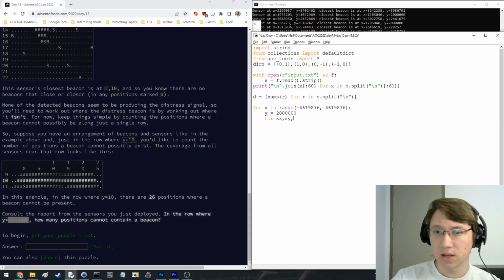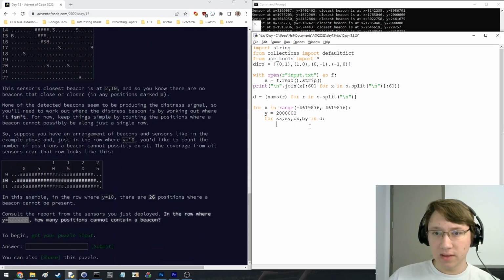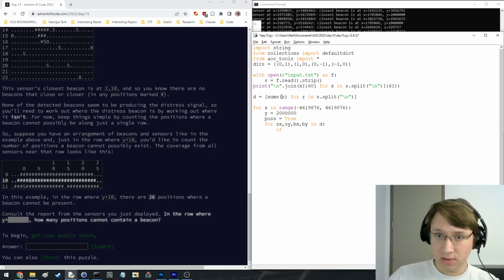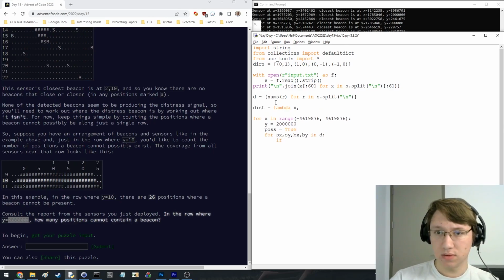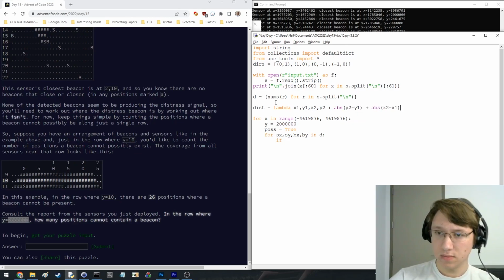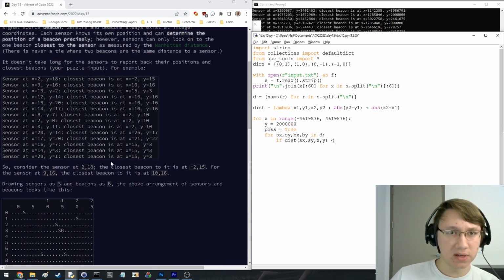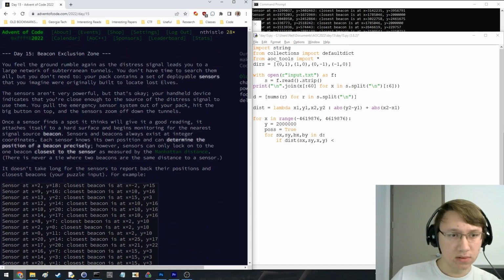Sensor X, sensor Y, beacon X, beacon Y. And if this XY, the distance from Sx to X is, what if there's a tie? There's never a tie.